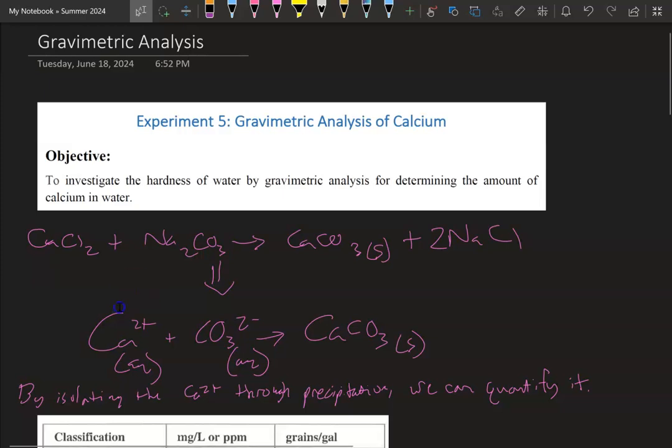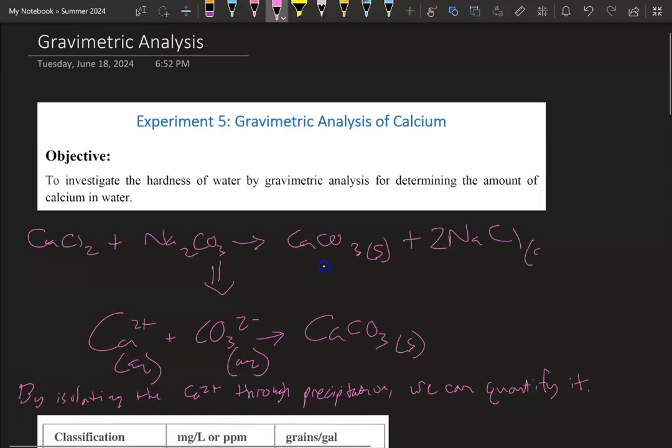So the way we're going to do this is we're going to take calcium and react it with sodium carbonate. Now, in the chemical reaction conversation that you'll be having later this week, you'll be learning that this is a double replacement reaction, and that whenever you react the calcium and the carbonate, it's going to form a precipitate, which in this case is calcium carbonate.